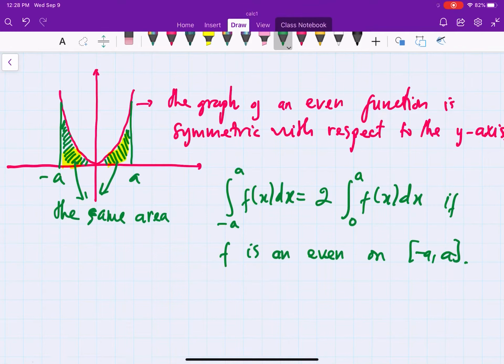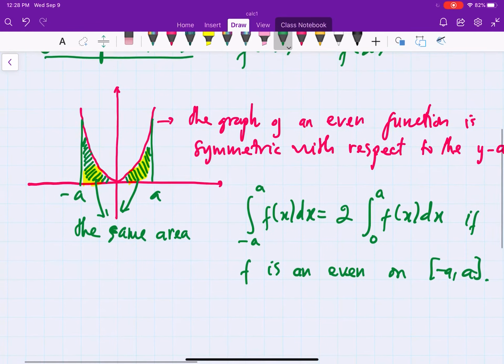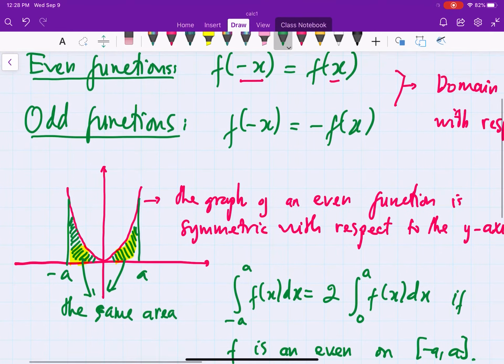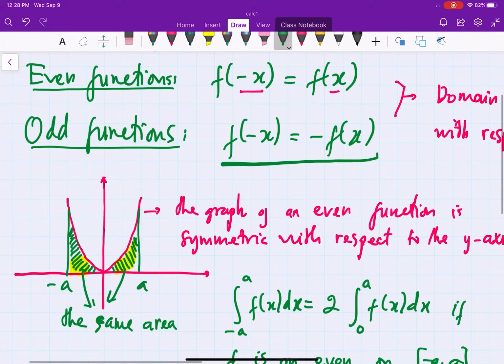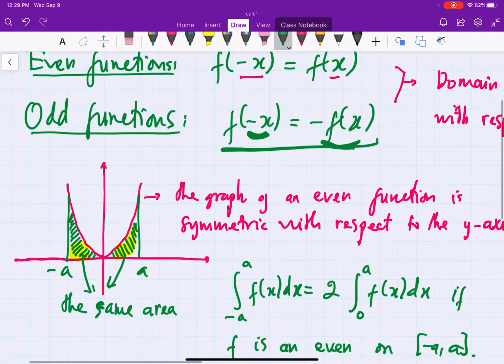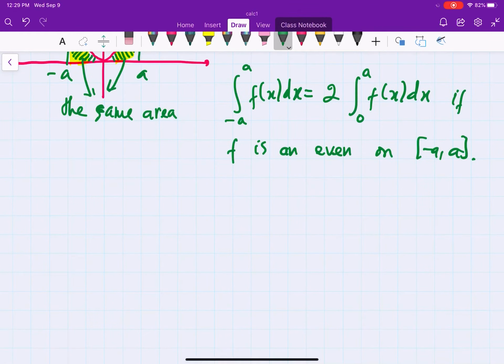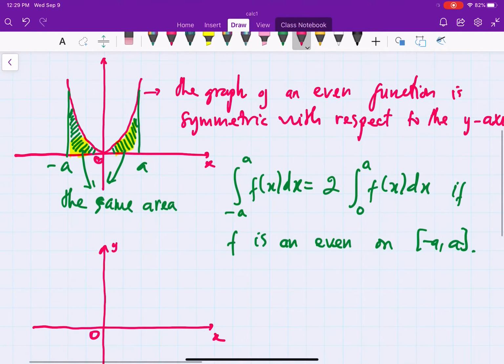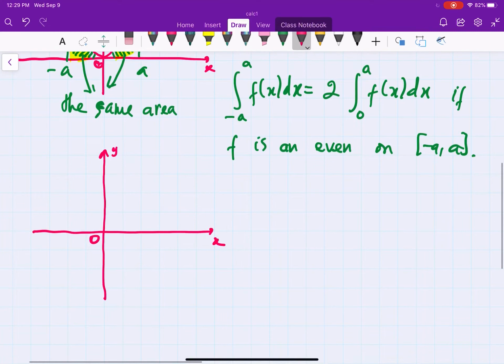Does that make sense? So if you consider an odd function, from the definition of an odd function, we know that the graph of an odd function is symmetric with respect to the origin. Why? Because when you change from x to negative x, you get negative y. So you have the following picture. You might have a very simple example.